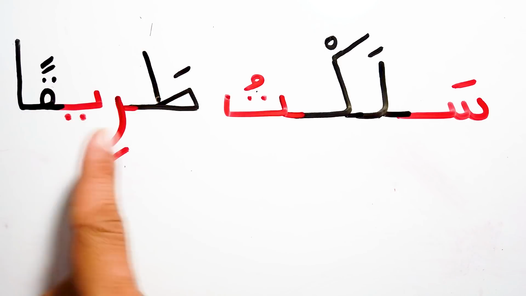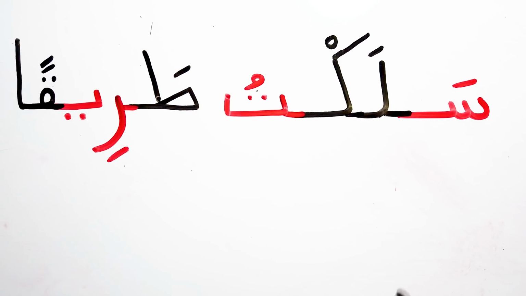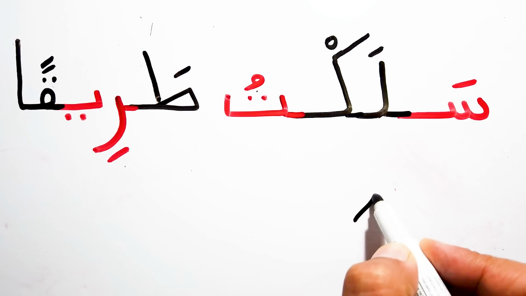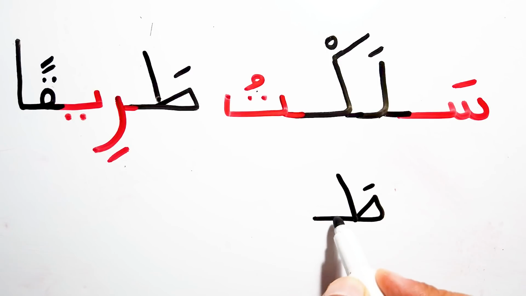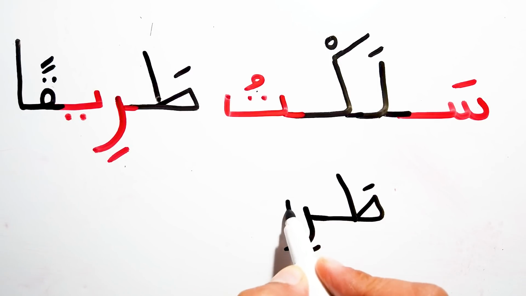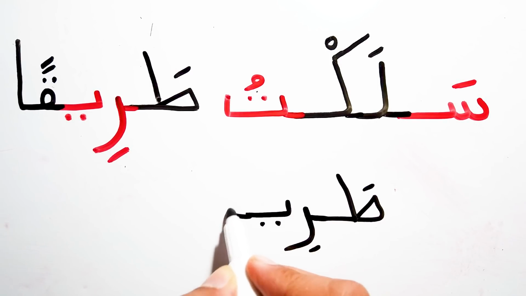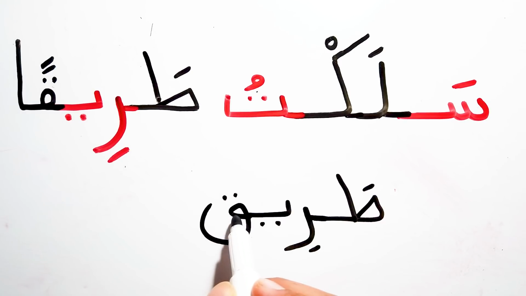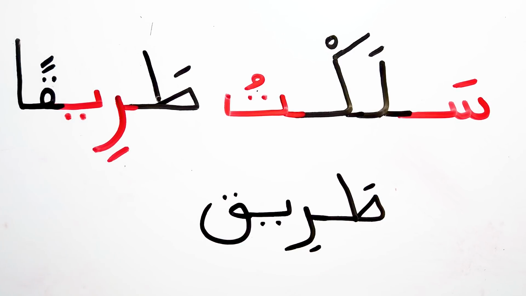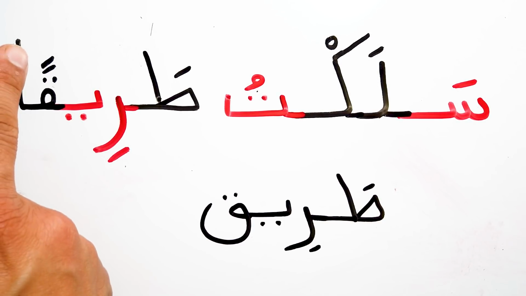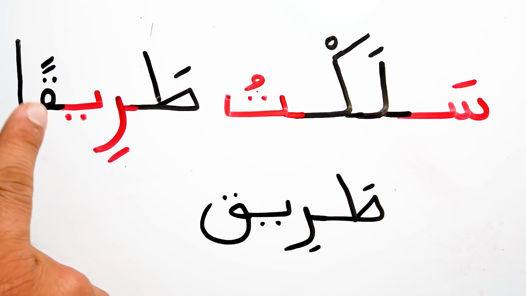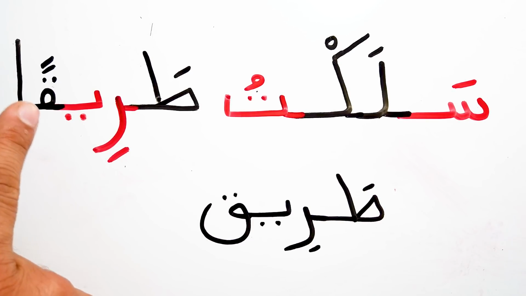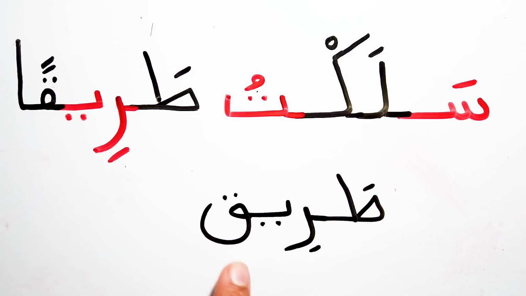Pay attention, I'm gonna add a new detail here. This word without tanween bil fatha is like this: طريق. That's why I say we're gonna find the double fatha on the last letter of the word followed by alif, because originally qaf is the last letter of the word, as you see here.